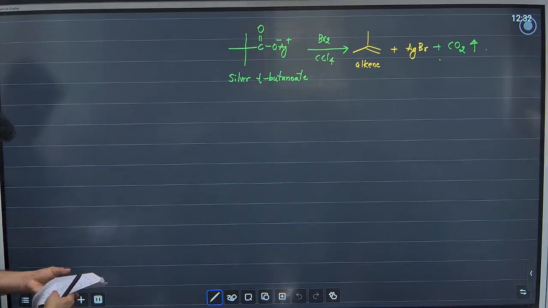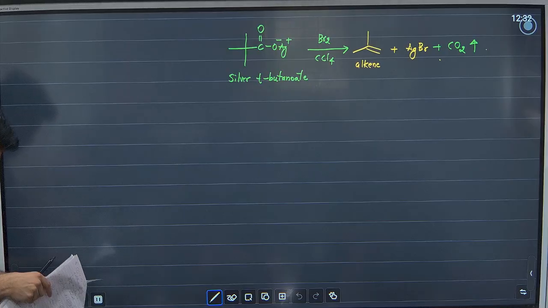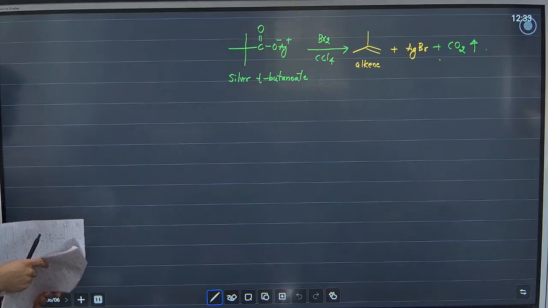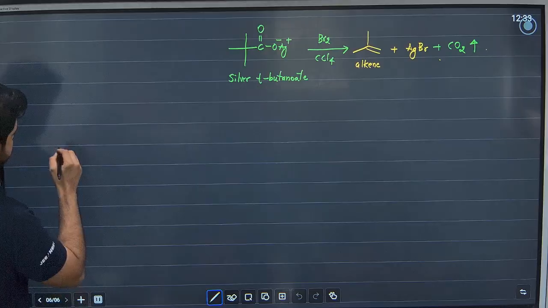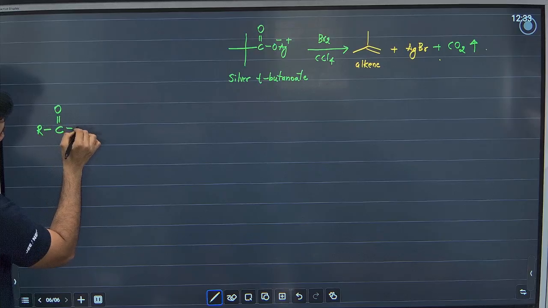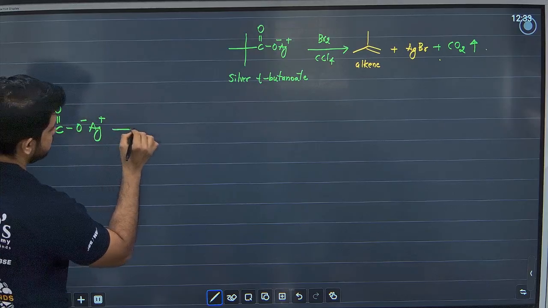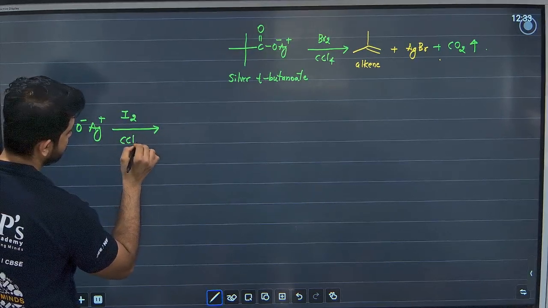नेक्स्ट एक एग्जाम्पल और एक है थोड़ा सा एक्सेप्शन में. So we have RCOO⁻ Ag⁺, I2 and CCl4.